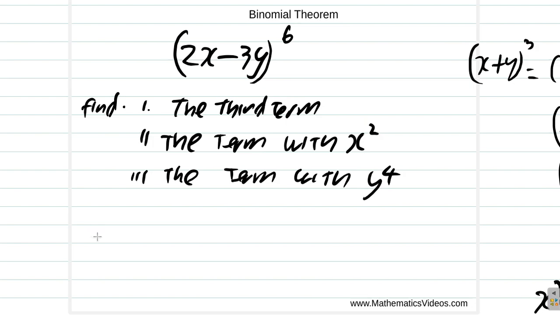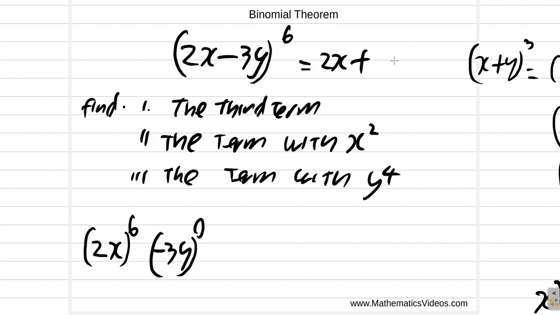The first term will be 2x to the 6, then negative 3y to the 0. It's not positive 3y now, because this can be written as 2x plus negative 3y, right, to the power of 6.